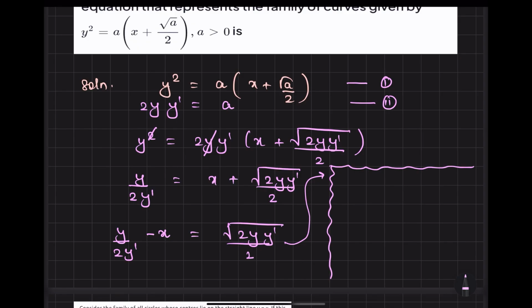So we got a square y by 4y dash, a square plus b square and then minus 2ab. So we have xy by y dash is equal to 2y y dash by 4. This thing gone.